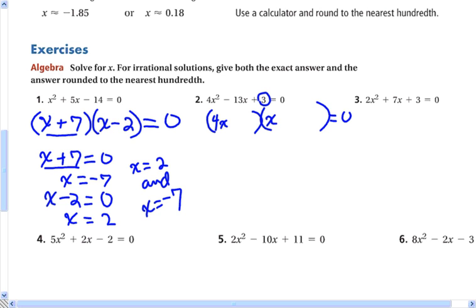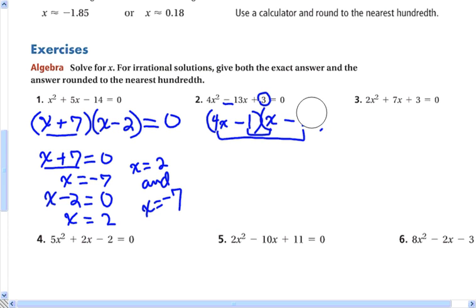Then this 3 is what makes up these other two terms. I could put plus 1 and plus 3, or minus 1 and minus 3, and I would choose minus 1 and minus 3 here because of this minus sign. I think that would give us negative 13, because 4 times negative 3 is negative 12, negative 1 times x is negative 1x, and negative 12x plus negative 1x is negative 13.